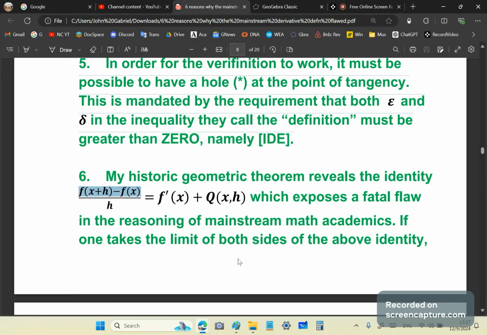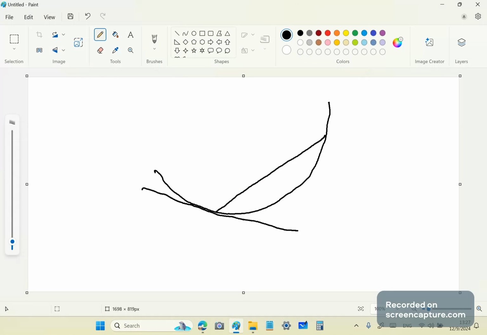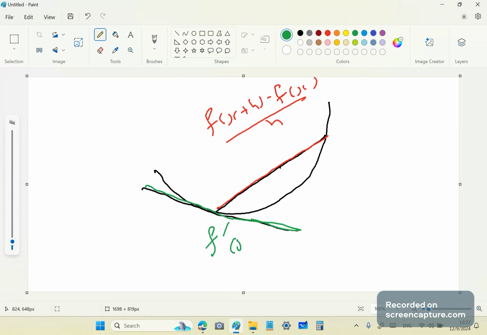Okay, so if you have a graph like this, and a tangent line there, then the slope of this red line is f of x plus h minus f of x over h. The slope of the tangent line, this line here, is simply what we call f prime of x.